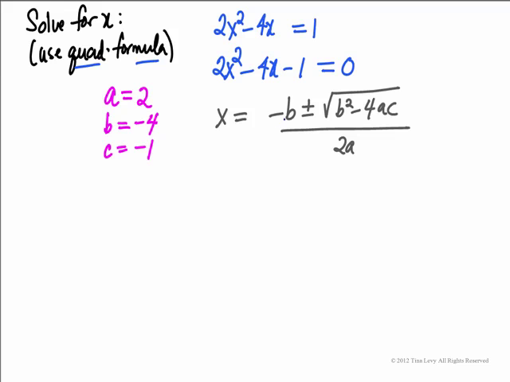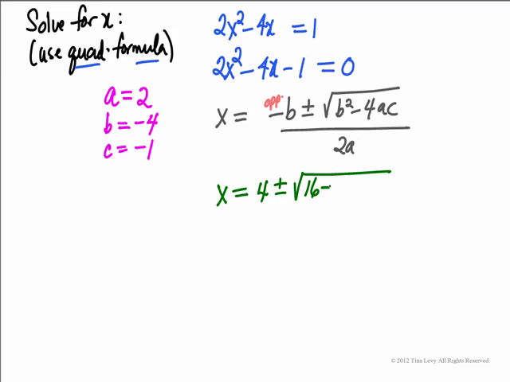The way I think of this, when I see minus b, I think of it as the opposite of b. So I think of it as the opposite sign of whatever b is. I'll show you how I work this out. I say x is the opposite of b, the opposite of negative 4 is 4, plus or minus the square root of, no matter whether b is positive or negative, when you square it, you're going to get a positive, 16.